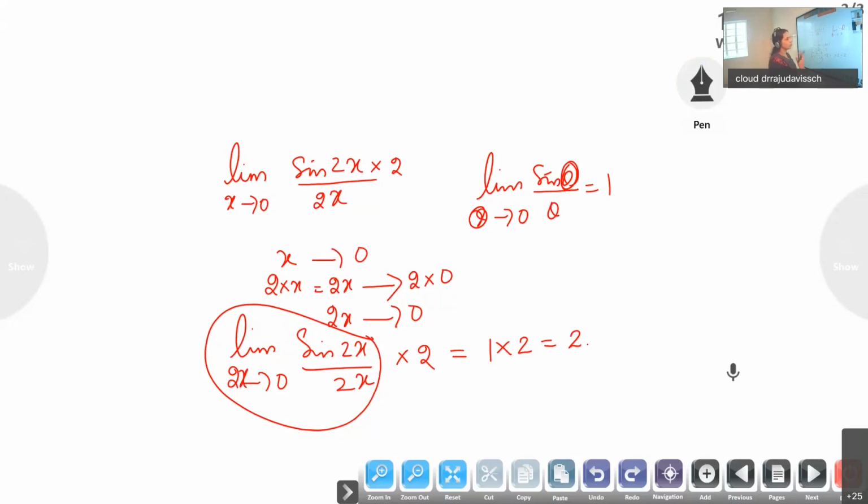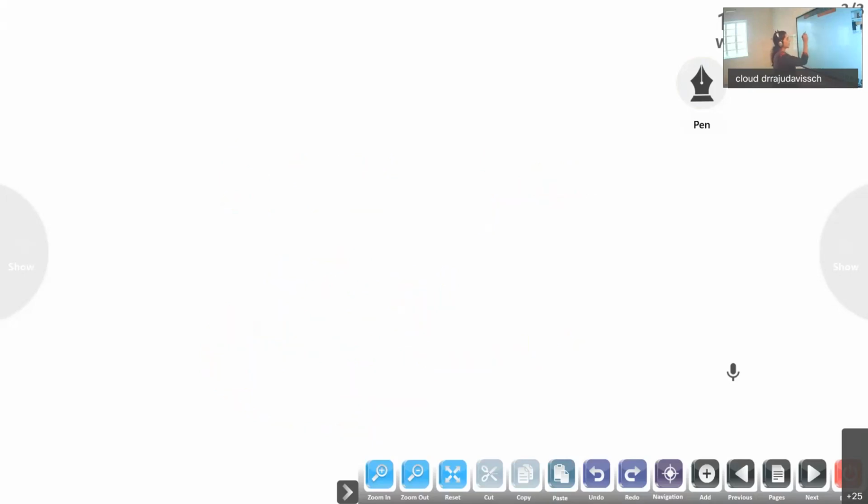Okay, let's do more questions so that the idea becomes clear. Write down the next one. Evaluate limit x tending to 0 of sine 3x by 2. So how to do this? What we can do here?